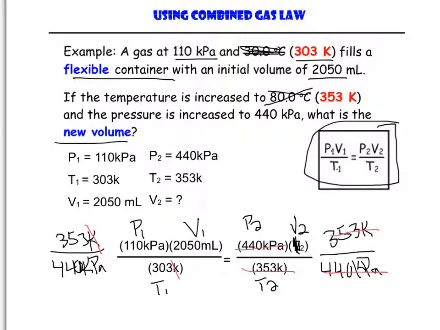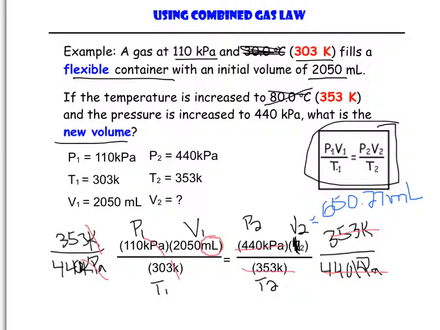Kelvin cancels out with Kelvin, kilopascals cancel with kilopascals, and we are left with units of milliliters. And if we plug this into our calculator, we see that V2 is going to be equal to 650.27 milliliters.